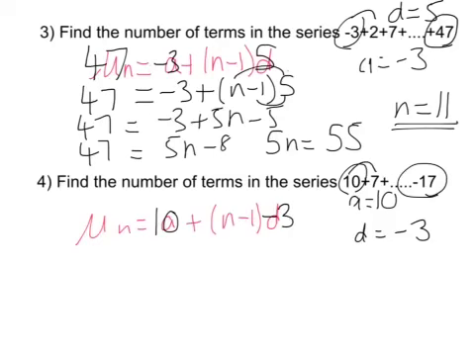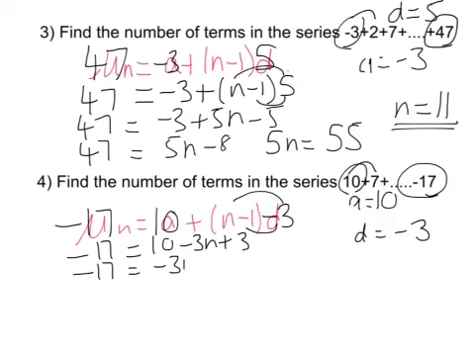And we know that the last term, or u to the n, is minus 17. So minus 17 equals 10. Let's times this out. Minus 3n plus 3. So I reckon minus 17 is minus 3n plus 13. So minus 3n is minus 30, and therefore I reckon that n is 10.